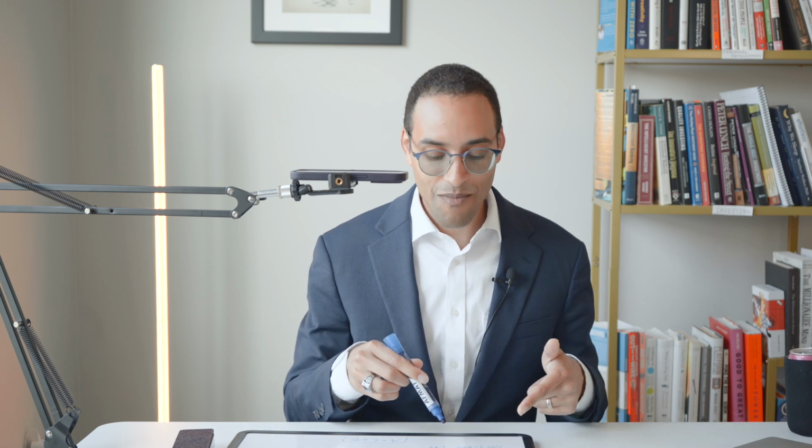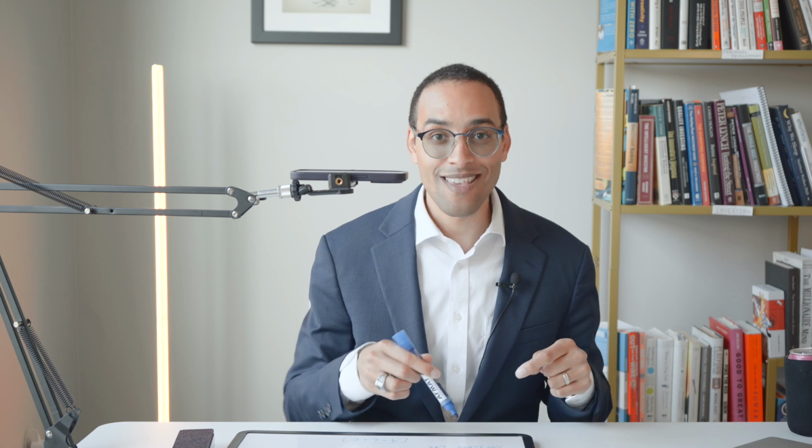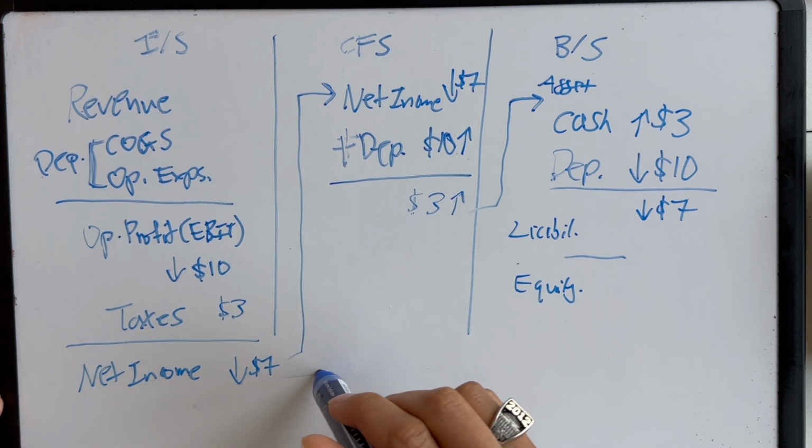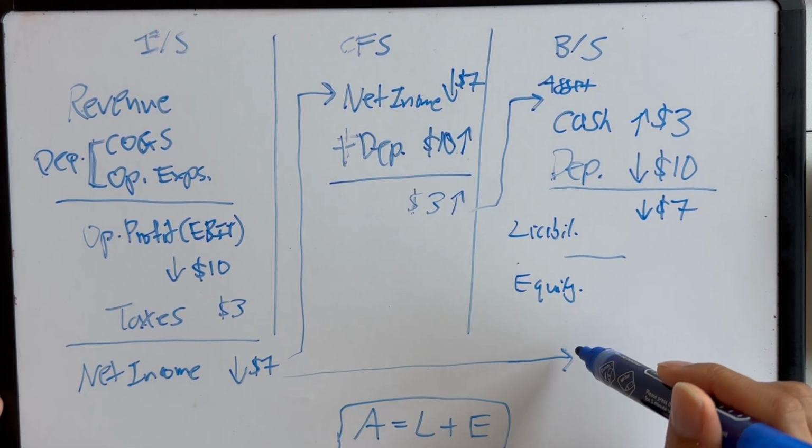Well, remember, all the way over here on the income statement, if there are changes to the net income of a business, that flows over to something called retained earnings, which is a component of equity. So because the company in this case is down by $7 in net income, that's going to reduce the equity of the business also by $7. So there's a connection here.